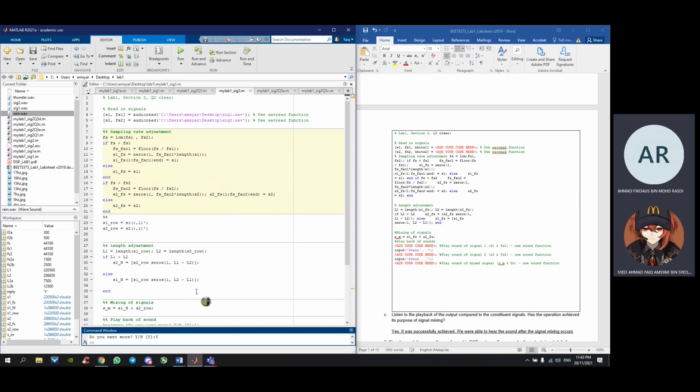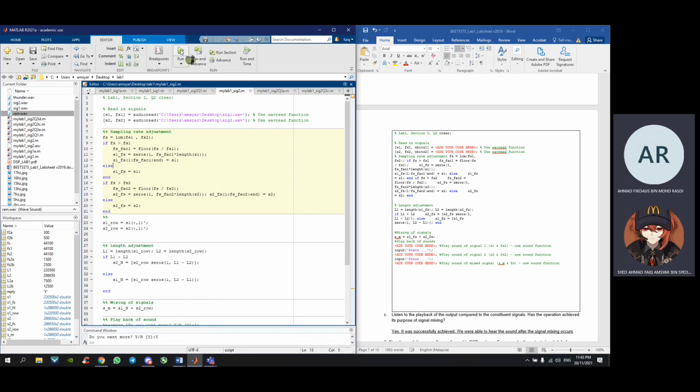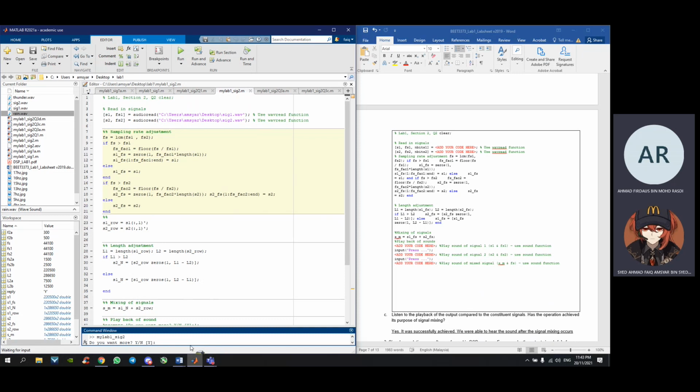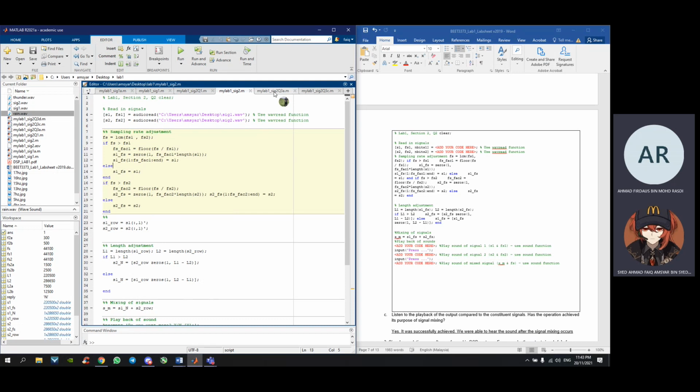When we put the command Y, the first sound will come and then the second sound. Next I'm going to try another one, which is put N. For N, the second sound will come first and then the first sound.